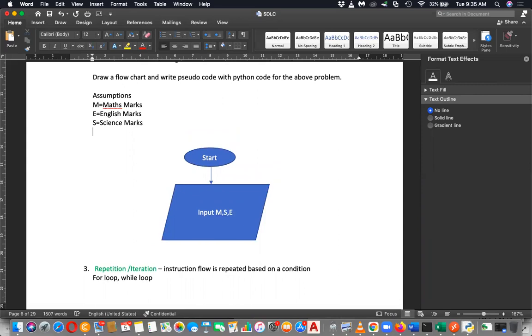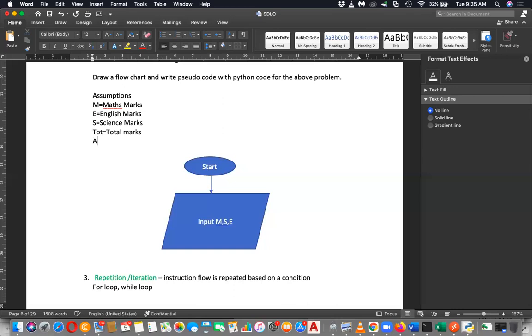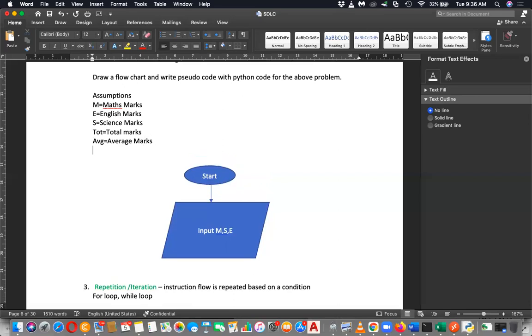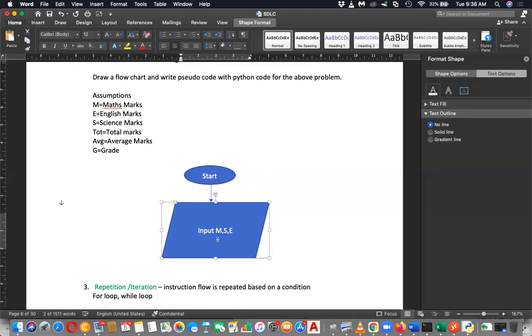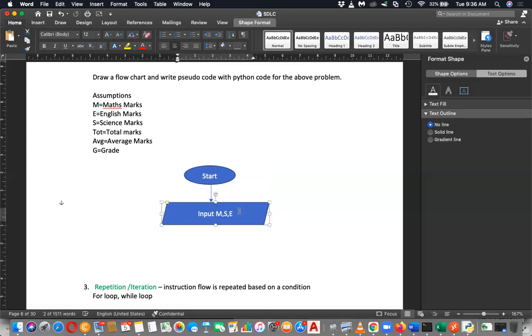Let's say TOT is equal to total marks, AVG is equal to average marks, and G is equal to grade. Then it's easy to write input M S E.